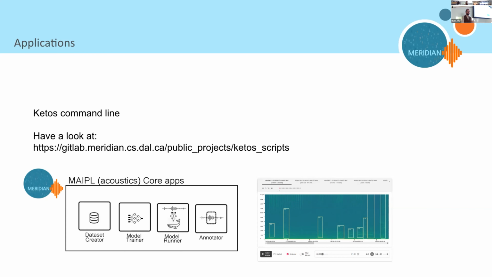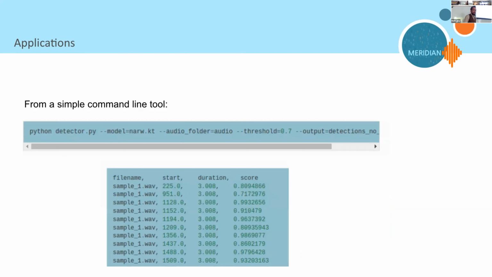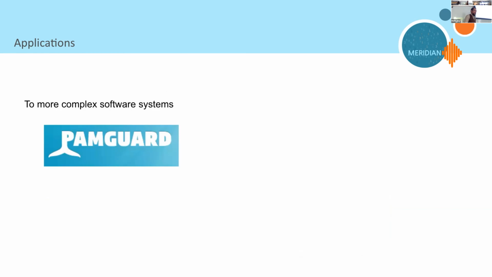So you do what I showed in the coding session, which is you import the bits that you need and you write your program. But one thing that we want to add soon is a set of command line tools to Catalyst. So when you install the package, you already have tools such as this detection module available to you.